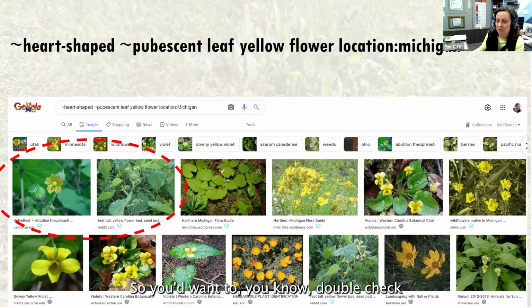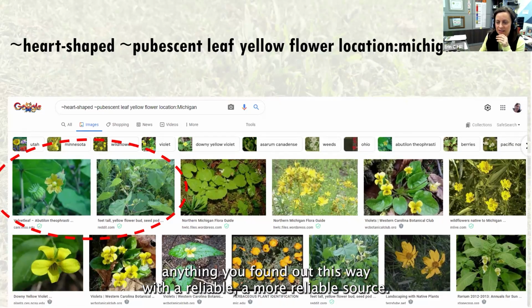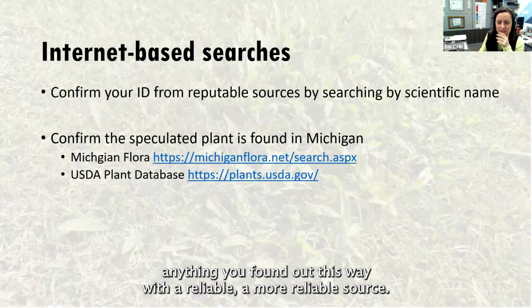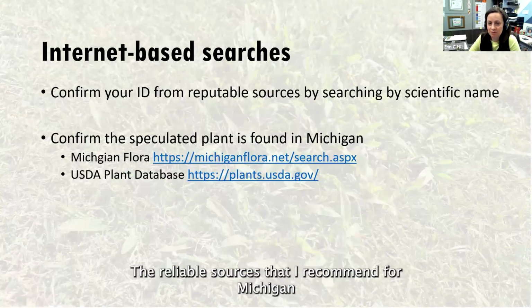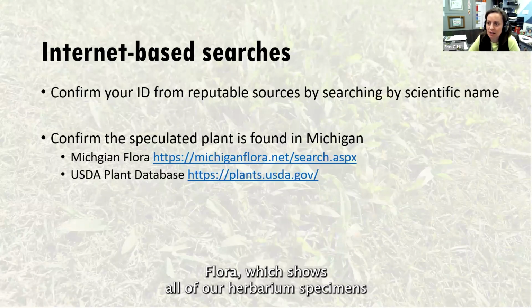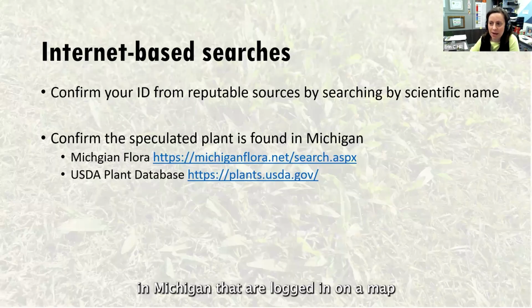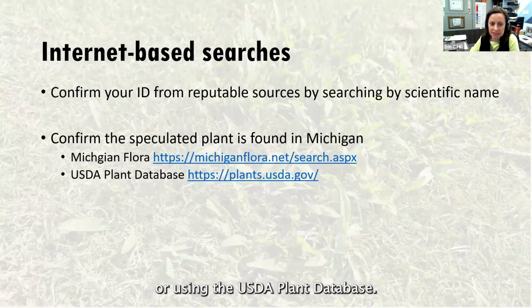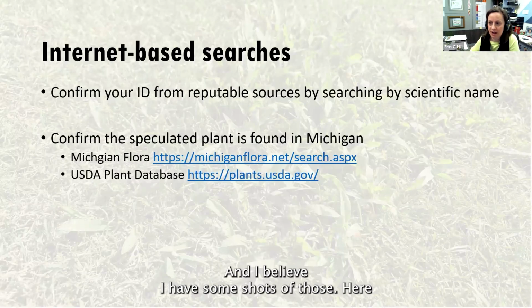You'd want to double check anything you found out this way with a more reliable source. The reliable sources that I recommend for Michigan are to see if we have this particular plant in Michigan Flora, which shows all of our herbarium specimens in Michigan that are logged in on a map, or using the USDA plant database. And I believe I have some shots of those.